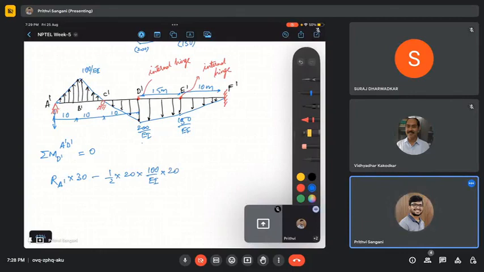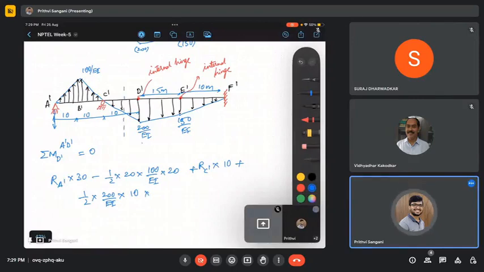Plus R C dash, which I'm bringing downwards, times 10, plus we have one more coming downward, of the same sign as R C dash and R A dash. So I'll take it as half times 200 by EI times 10, times 10 by 3.